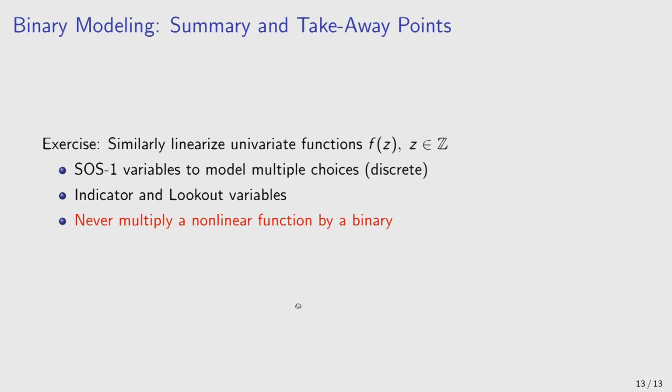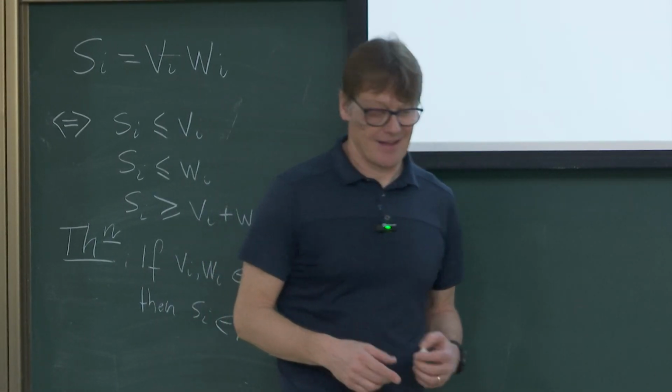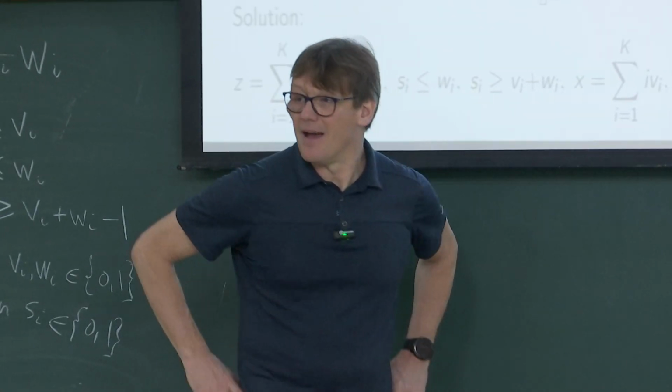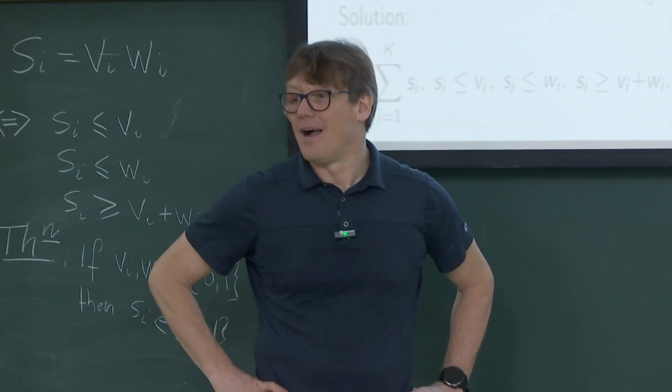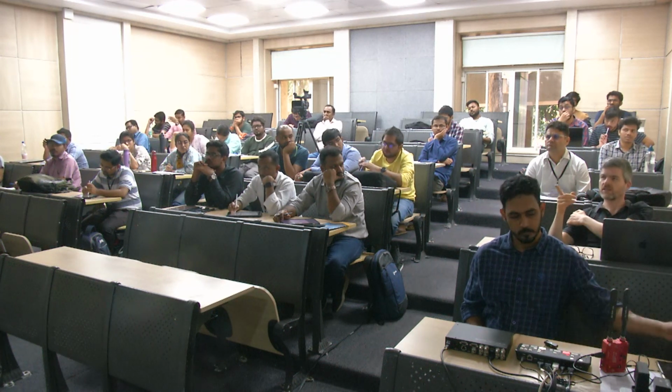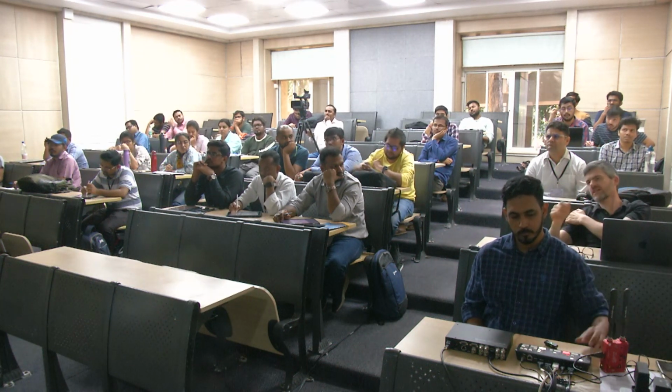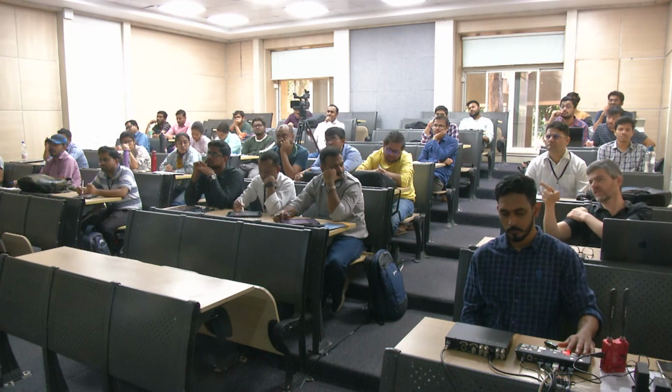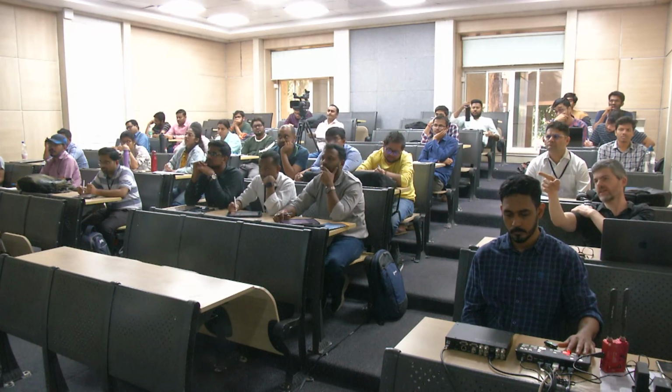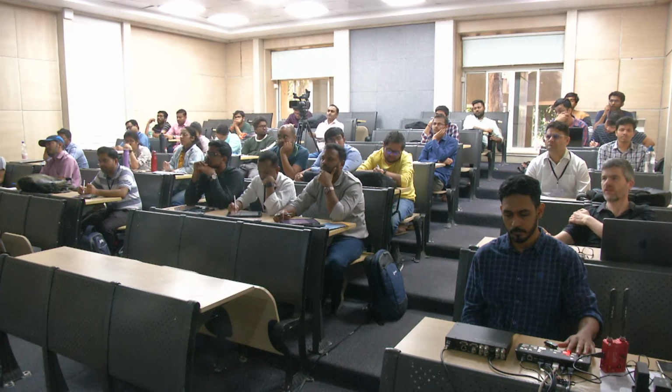So yes, sorry, Pietro. So this uses one-hot coding, and I guess it's really good when K is not too large. If K is very large, does it make sense to use a binary expansion where instead of multiplying the V and the W variables by I, you have actually powers of 2?